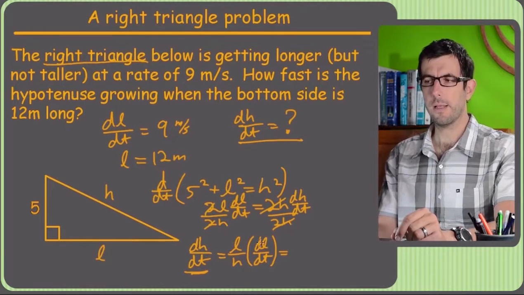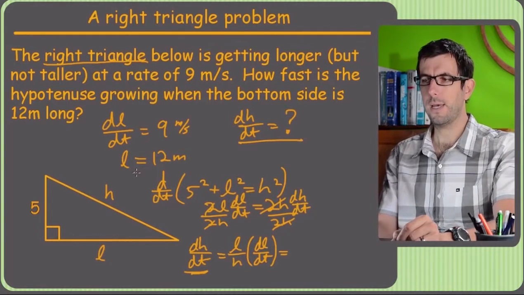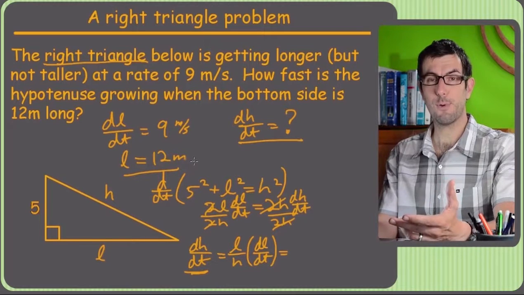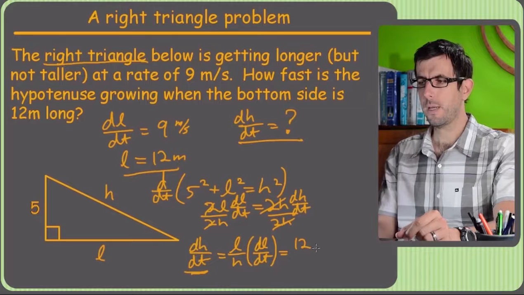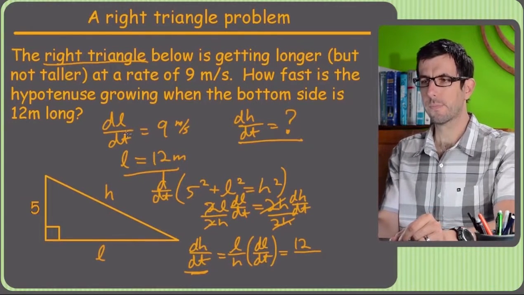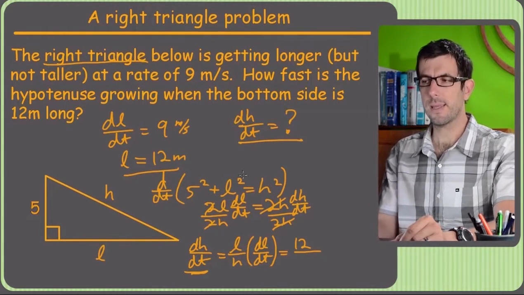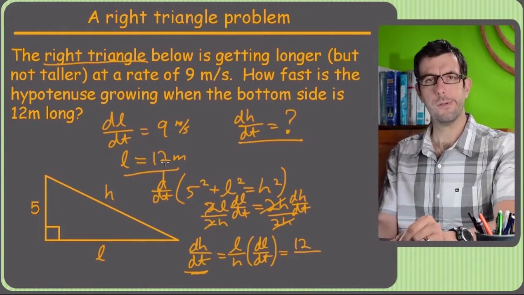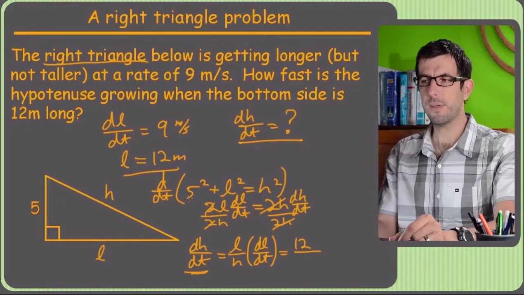Once I plug in numbers for these letters, I'll just get a number out. So what is L? Well, we said L equals 12. So you can see this is where it's really nice that we wrote down everything ahead of time. L equals 12. H. Oh, we don't know H. Let's go back. I don't think we wrote it down. I don't think it's up here. So what is the hypotenuse when L equals 12? Well, we can actually use Pythagorean, right? Because we have the Pythagorean formula on this triangle.